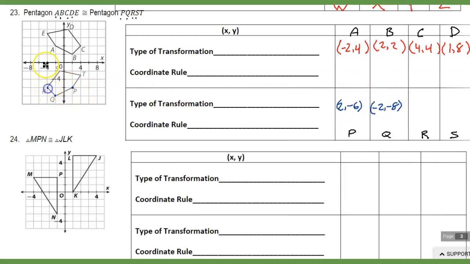R, which is -4, -6. And then S, which is -1, -2. There we go.